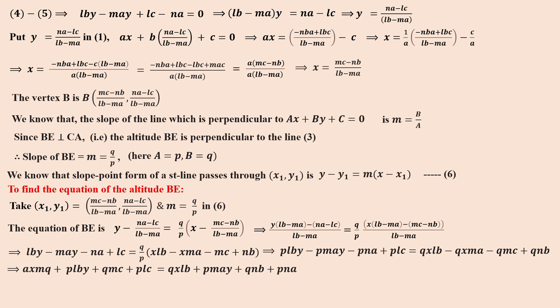So we are bringing all the terms, writing the x term first, then the y term: AxMQ plus PLBy plus QMC plus PLC, which is equal to, taking all negative terms from the right hand side to the left hand side and the left hand side negative terms to the right hand side, you will get QxLB plus PMAy plus QNB plus PNA.